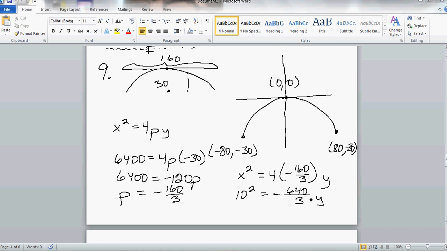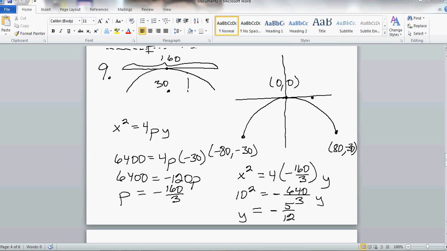Then divide both sides by negative 640 thirds, so y would equal negative 5/12 when this is all said and done.